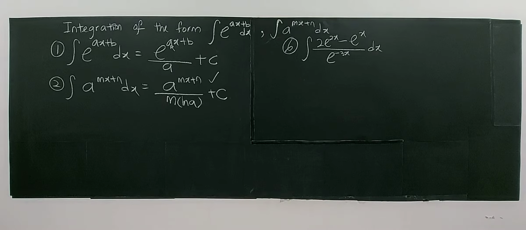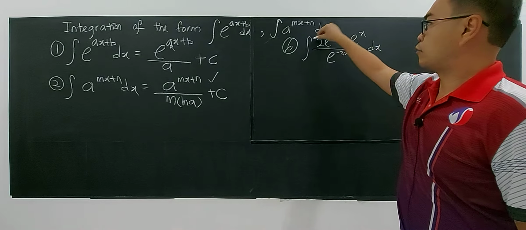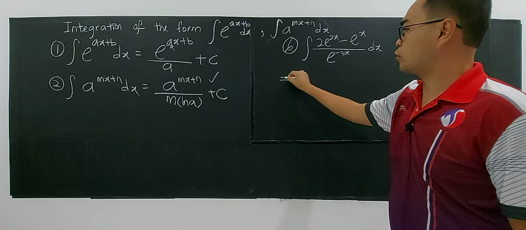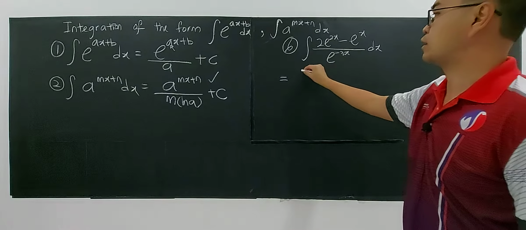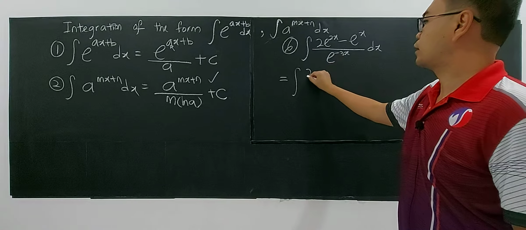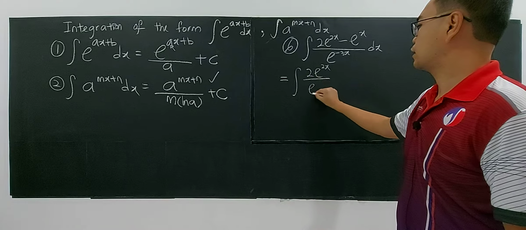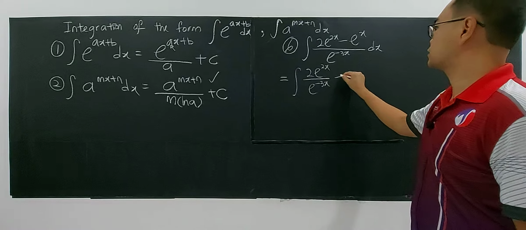Alright, let's follow with these examples. This is an exponential function, 2 terms divided by 1 term. Before you apply the formula, you have to simplify first for this type of case. You take each of the terms above and divide by e to the power of negative 3x.